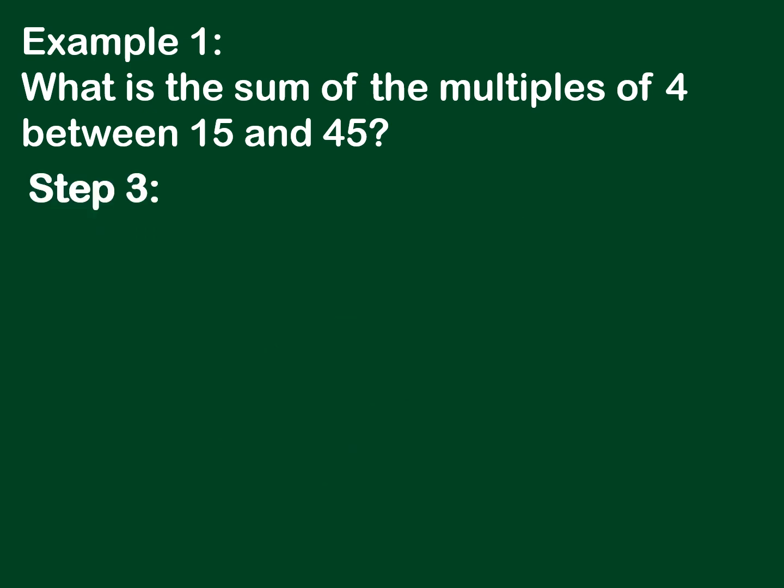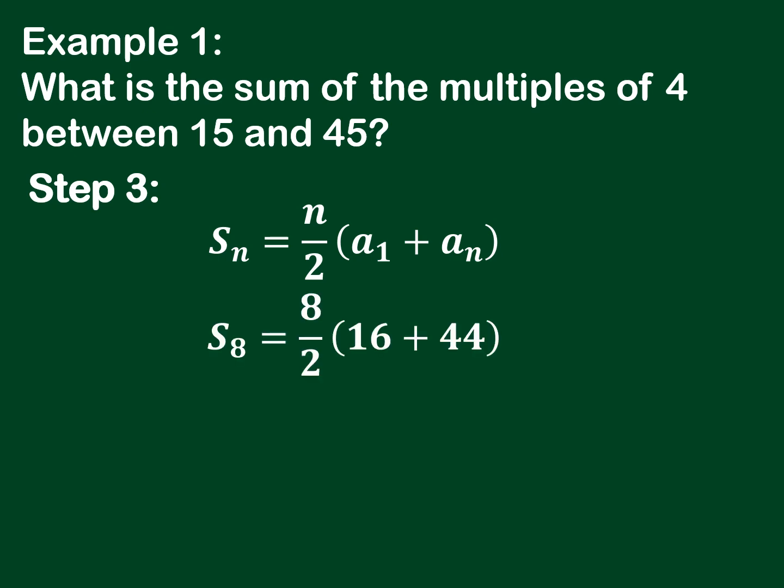So let's have now step 3, wherein the formula is s sub n is equal to n over 2 times the quantity of a sub 1 plus a sub n. We're going to substitute now. So we have s sub 8, 8 that is the value of n. S sub 8 is equal to 8 over 2 times the quantity of 16 plus 44.